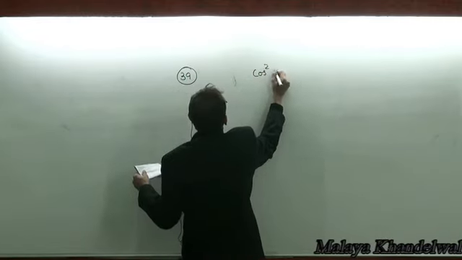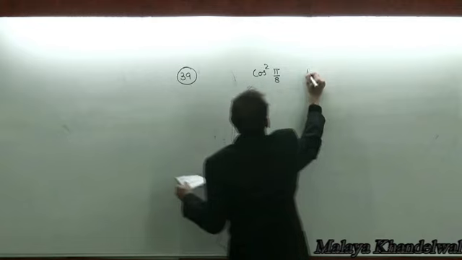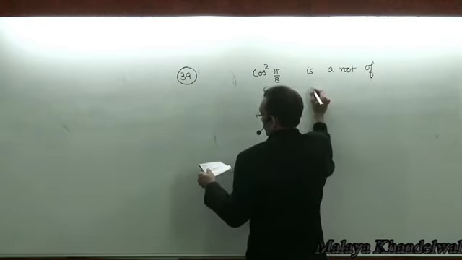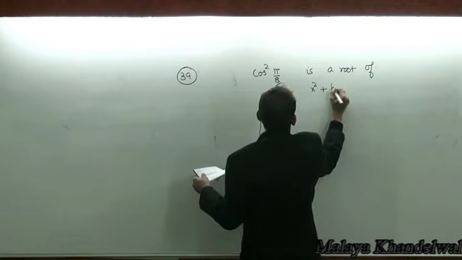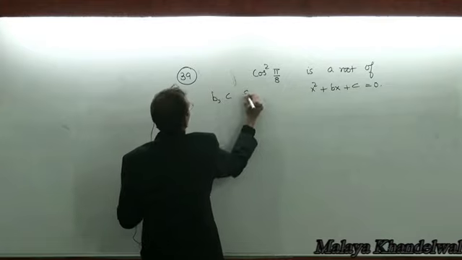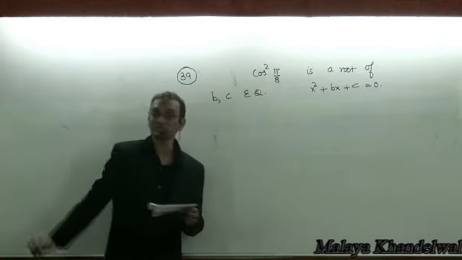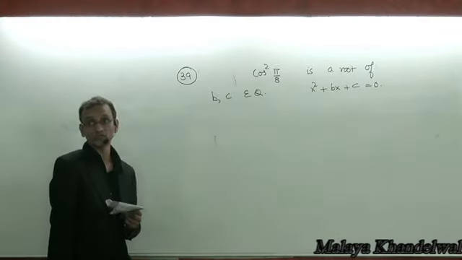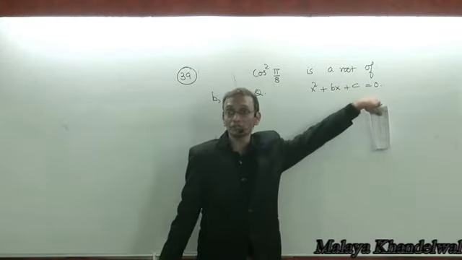Cos square pi by 8 is a root of x squared plus bx plus c equal to 0, where b and c are rational numbers. That means the coefficients are all rational numbers.